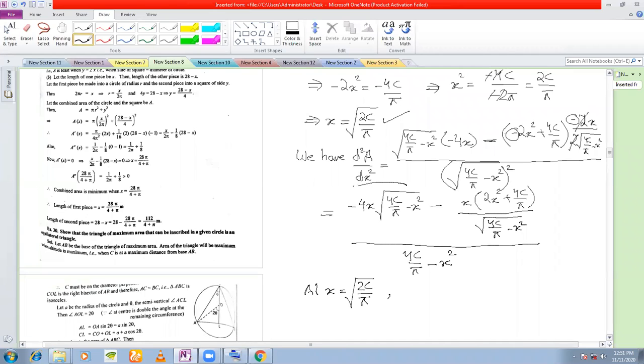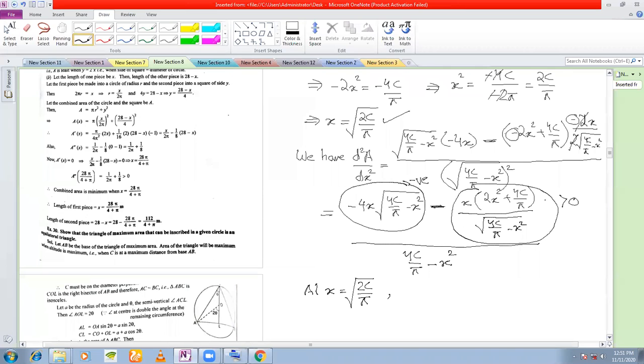See, this part will be negative, right? Because 2c by root of 2c/pi is positive. This part will be negative, right? Minus of this part will be positive. That means the entire numerator is positive, right or wrong? We are only concerned with the sign. We don't need the value.